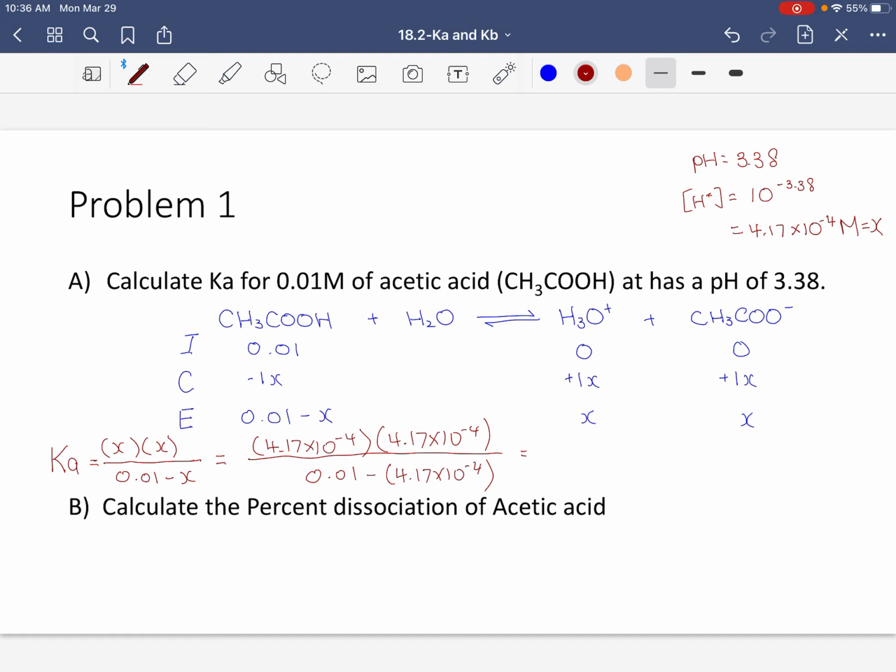This will give you Ka, and Ka will be 1.8 times 10 to the power of negative 5. That is the acid dissociation constant of vinegar.